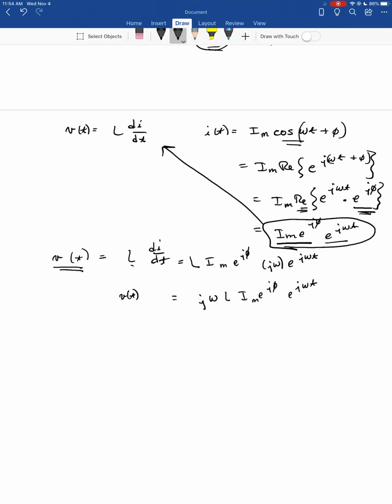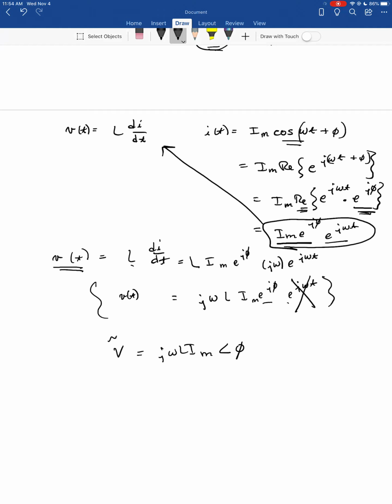Now, consistent with our understanding of the phasor transform, we're just going to do a phasor transformation on this entire equation. So v of t just goes to v the phasor. That's j omega L Im, and this e to the j phi becomes angle phi, and the e to the j omega t, because I'm expressing it in the phasor domain, is basically the omega t part of the cosine function, and that's going to go away.